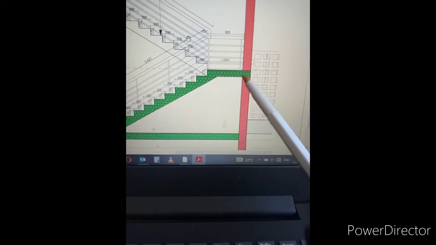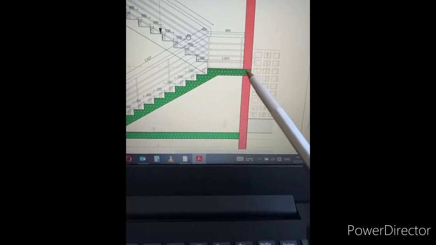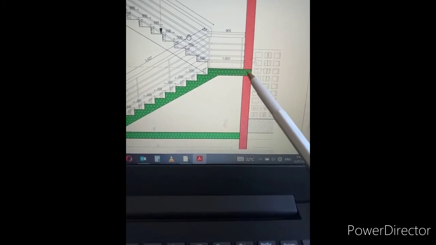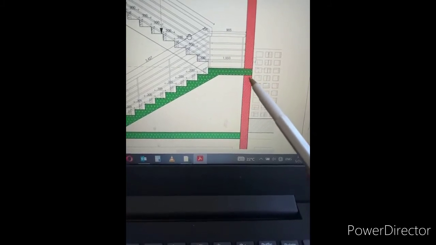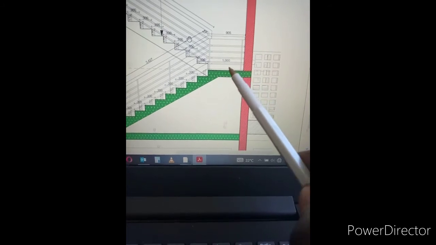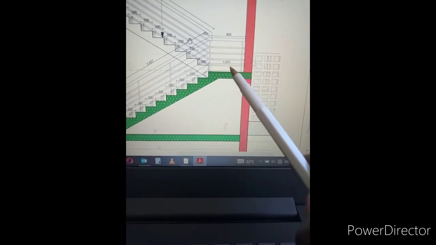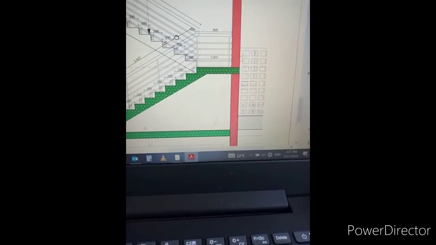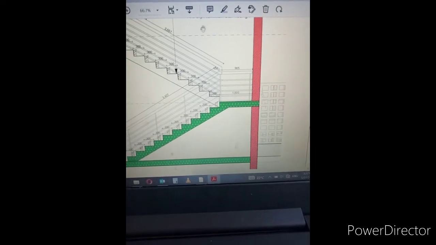And then you notice it extends to the wall here, which means we are going to include the thickness of the wall, which is 230. So it's 1000 plus 230, which gives us 1230.